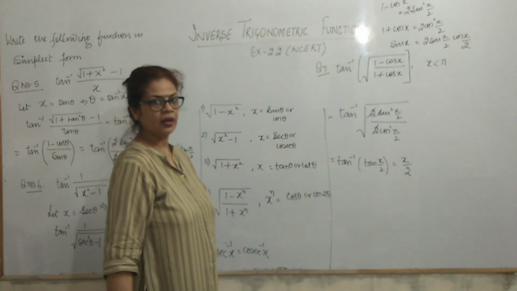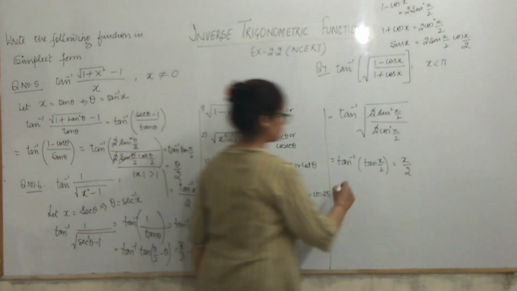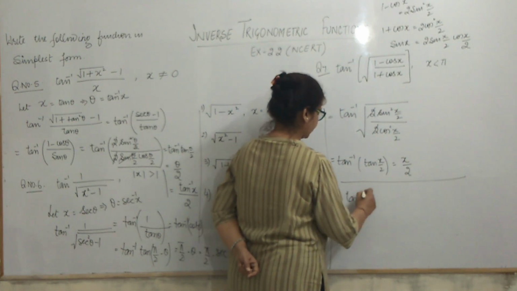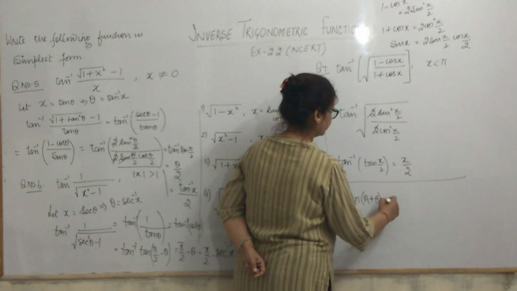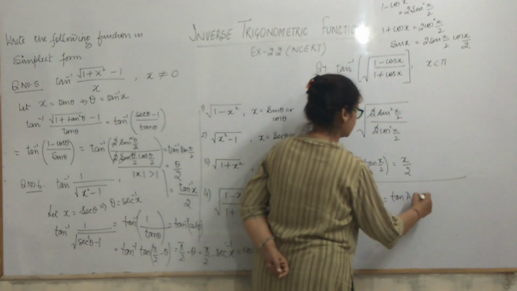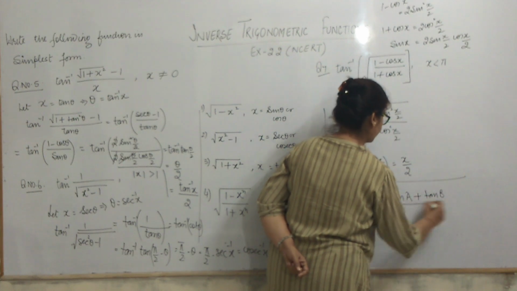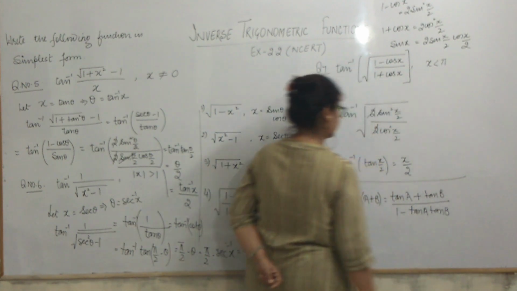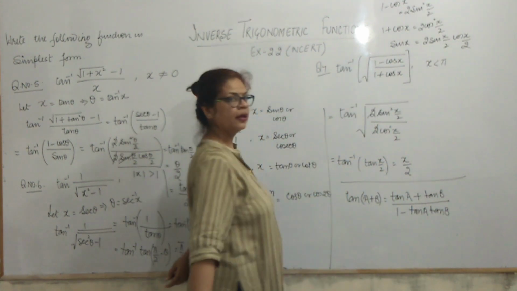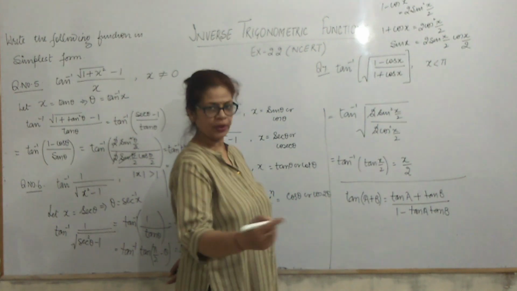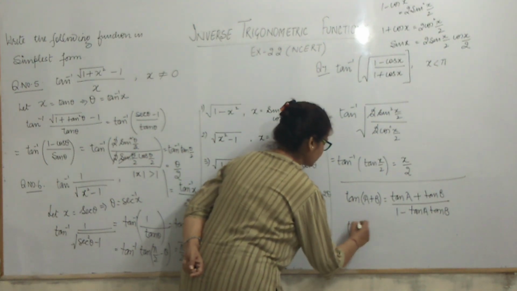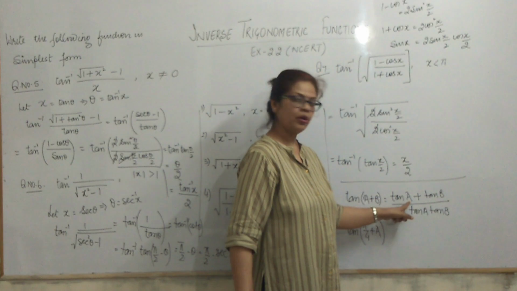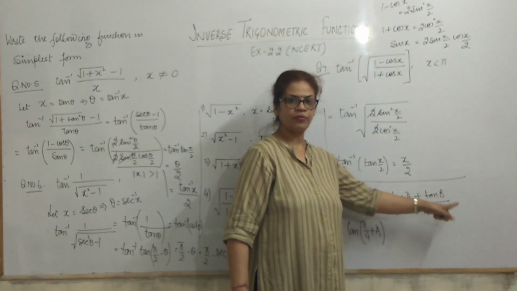One more formula I want to give you as a reminder. You know very well, tan of a plus b. Do you remember? Tan a plus tan b upon 1 minus tan a tan b. Just after this question we need that. If in place of a we put pi by 4 and in place of b we put a, then tan of pi by 4 plus a becomes tan pi by 4 plus tan a upon 1 minus tan pi by 4 into tan a.